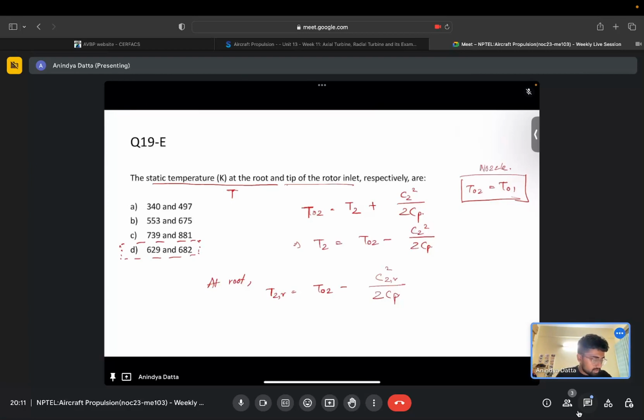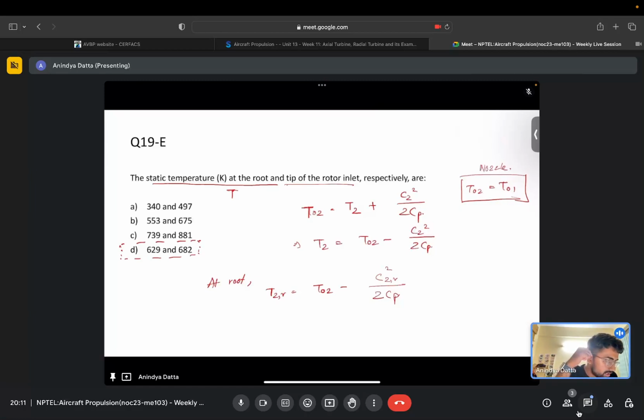Any questions, doubts? What we did here is, to find the static temperature, it is stagnation temperature minus C2 square by 2Cp. C2 changes at each position.